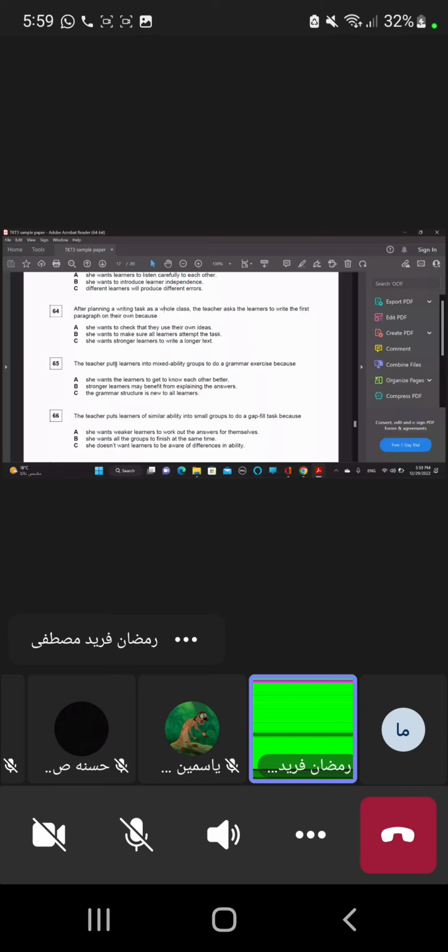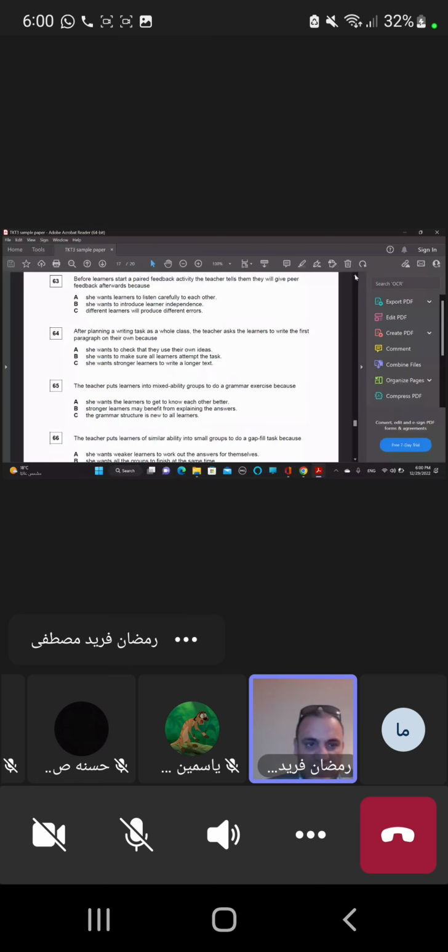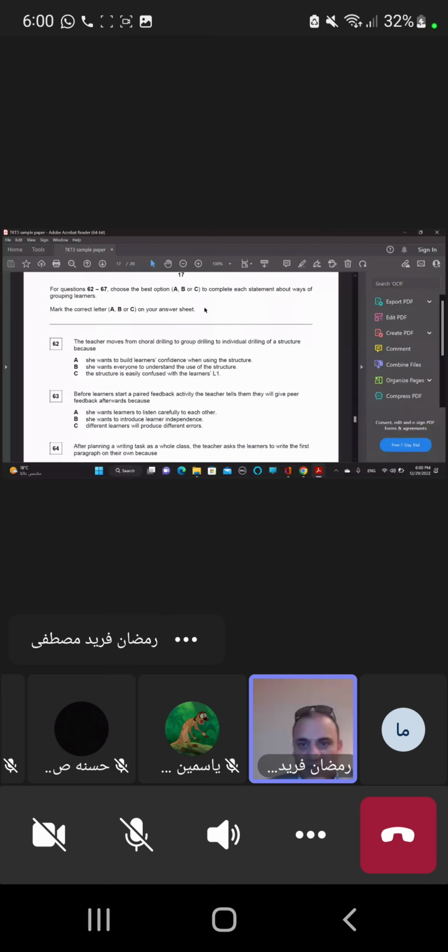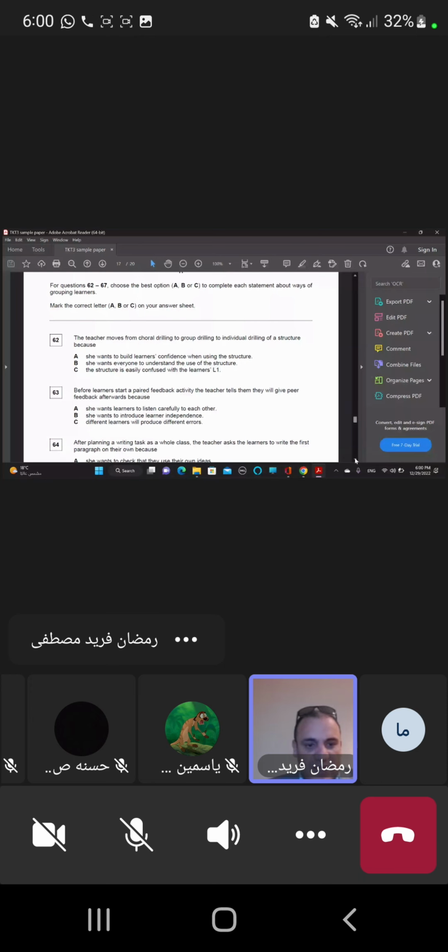She wants to check that they use their own ideas, or she wants to make sure that all learners attempted the task. We said B is she wants the strongest learners to write their answer. But let's read the head of the question here. To complete the statements, which one completes the statements?